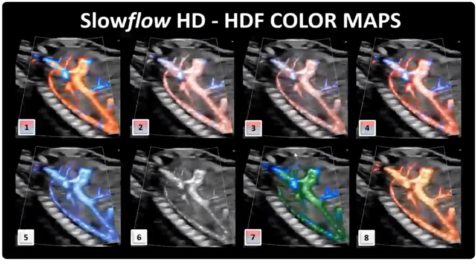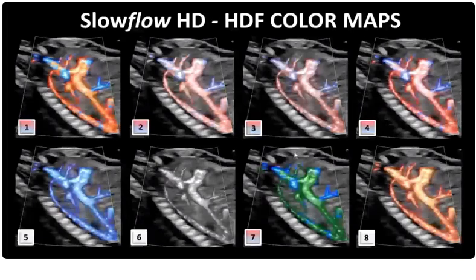Looking at the presets for the slow flow HD, first of all, you can choose from different maps. There are 8 maps here. I have to urge you that the direction of the blood flow presented on the directional maps does not always represent the actual flow direction, because the velocities are so slow.